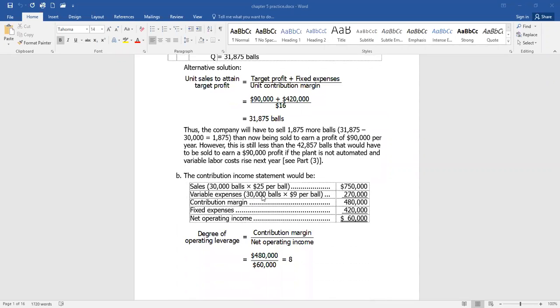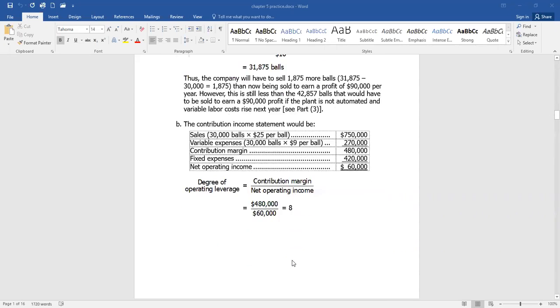The variable expenses would be 30,000 balls times the new variable cost of $9 per ball. Contribution margin would then be 480,000. Subtract the new fixed expenses of 420,000. The net operating income would be 60,000. Contribution margin divided by net operating income gives us a degree of operating leverage of 8.